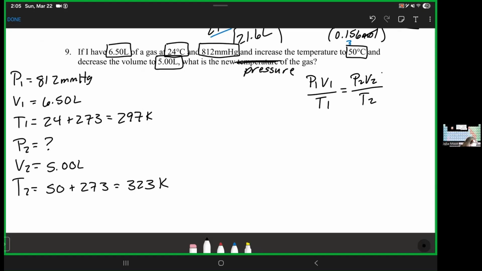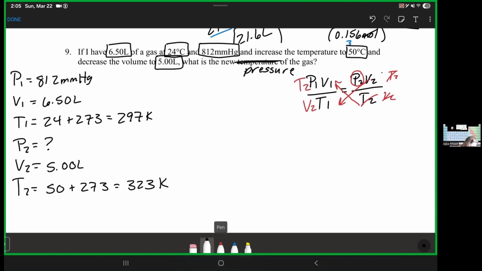So we're solving for P2. So we're going to isolate P2, which means my V2 moves to the bottom on the other side, and my T2 comes to the top on the other side. Because basically what I'm doing is I'm multiplying by T2 and they cancel, so I have to multiply the other side by T2. I'm dividing by V2 and they cancel, so I'm dividing the other side by V2. Okay.